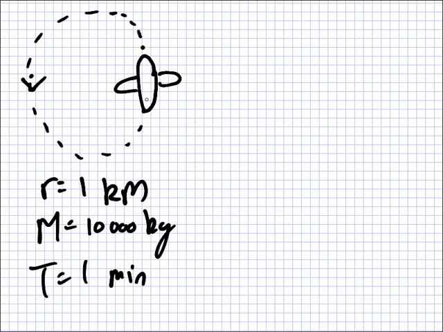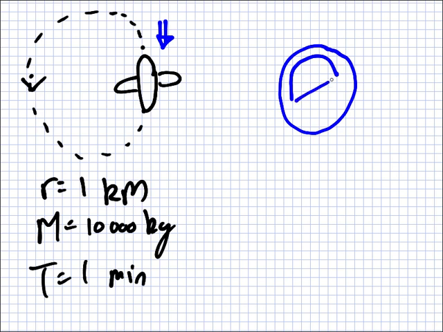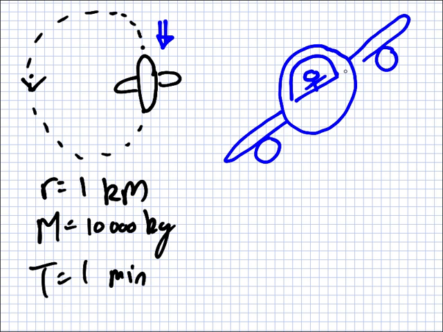It is. Now, if you were to look at the plane directly, it would look like this. I'll try and draw it. There's the pilot. I'm doing this because you could look at both pictures.